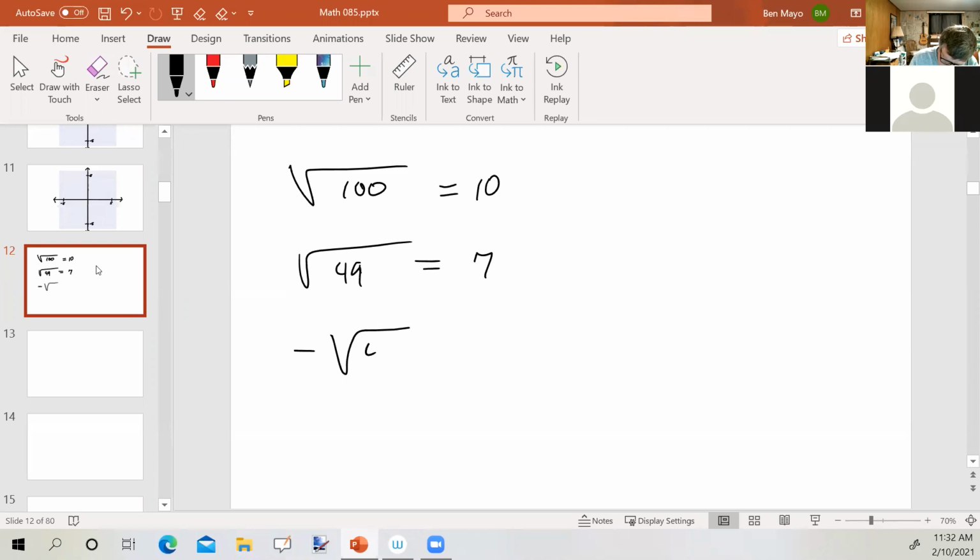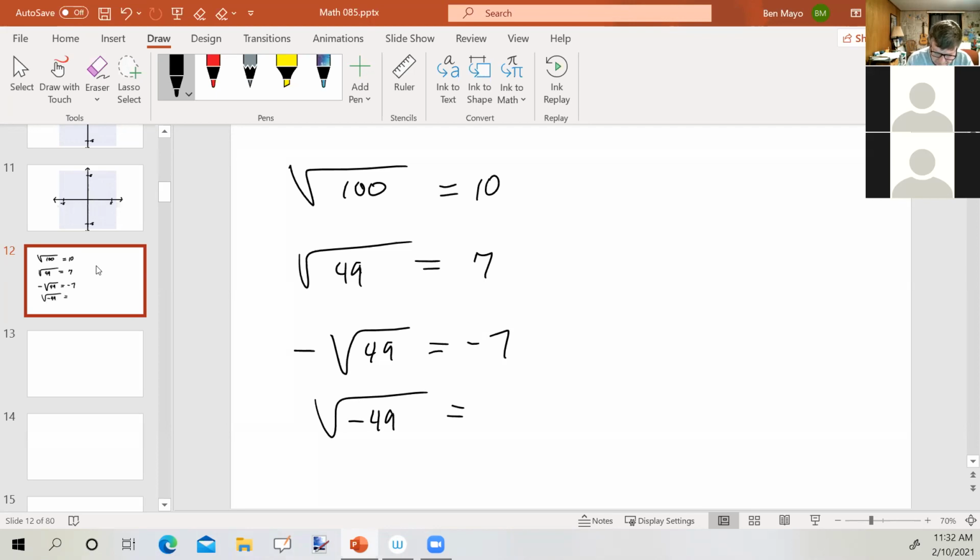How about negative the square root of 49? Negative 7. Good. How about the square root of negative 49? Actually, this is not real. We can't take a square root of a negative number. Okay? We get not a real solution. We get imaginary numbers, and we're not going to go there right now. So you can't take a square root of a negative number.